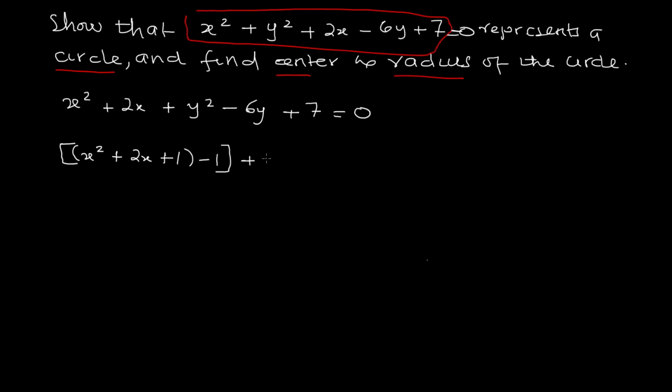And then I'll make use of my square brackets again. Then I'll do minus 6y. Here I'll know that I divide by 2. And then I have plus 9. Okay, but I still need to take the 9 away so that I still maintain my balance. And then I'll still use my square brackets, and then I'll add my 7 equal to 0.